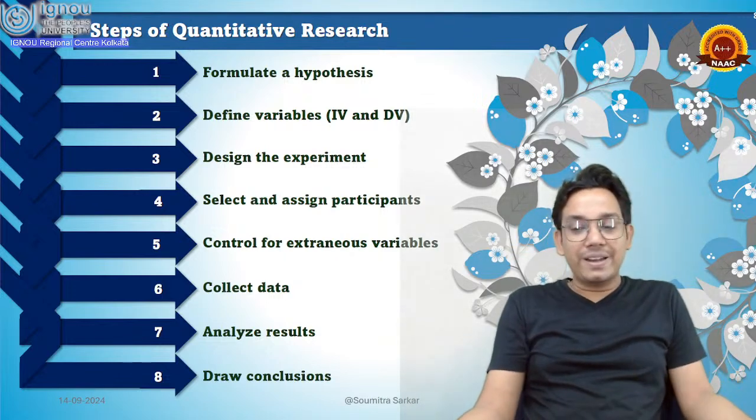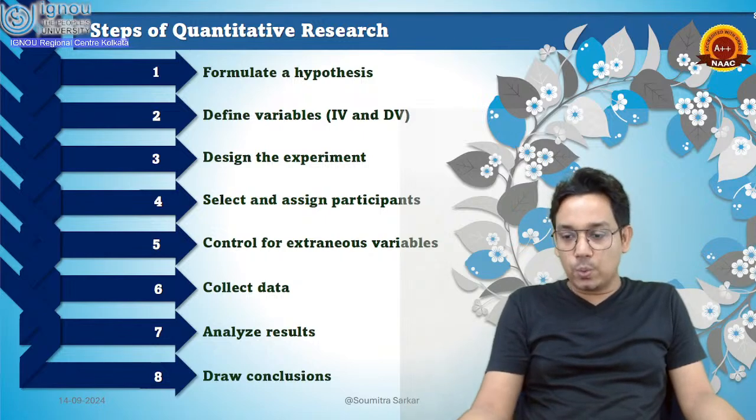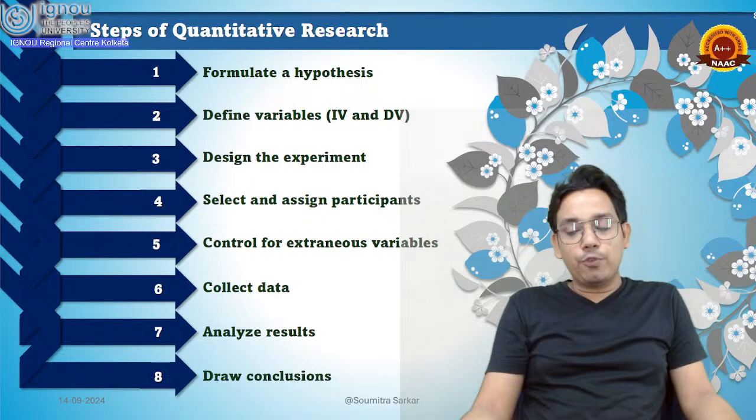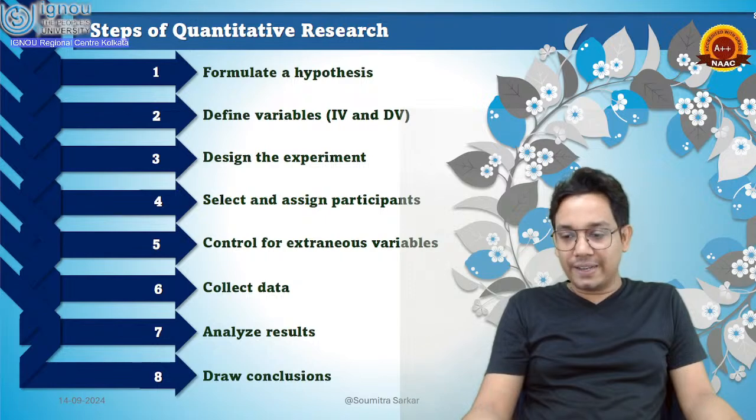Here are the essential steps of quantitative research. When you execute quantitative research, first focus on the formulation of the hypothesis. Before conducting the research or the survey, you have to formulate the hypothesis.